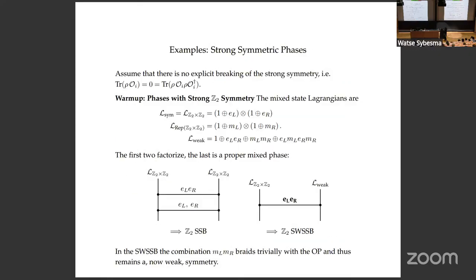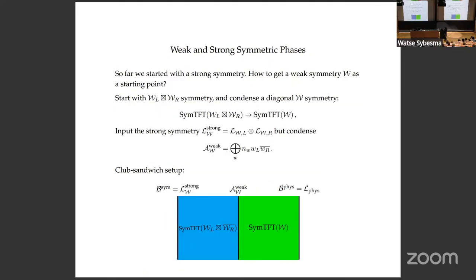This is going to a weak symmetry because you get this diagonal anyon stretching here. So you can model a weak symmetry by taking the SymTFT for the double, for the strong symmetry, then condensing a diagonal and going to the weak symmetry generators. Essentially halving your SymTFT.